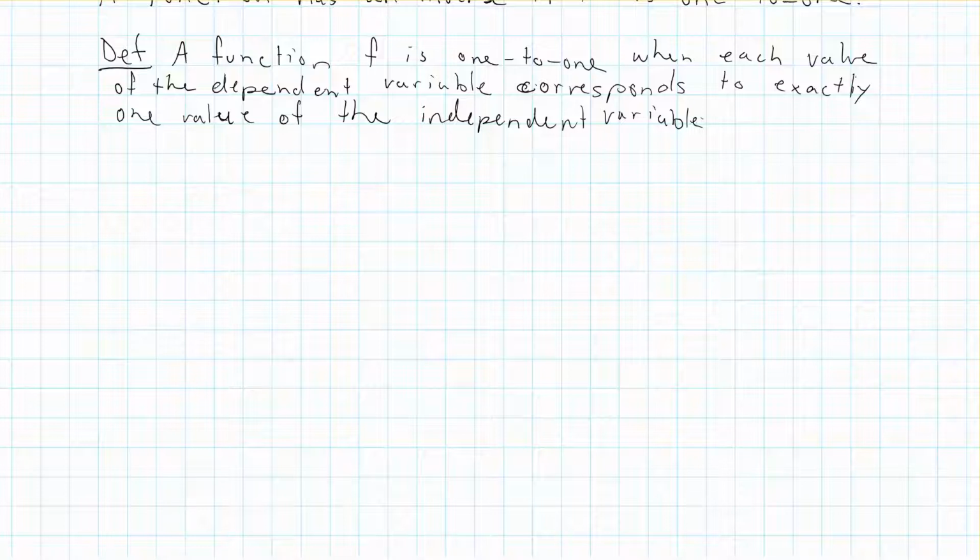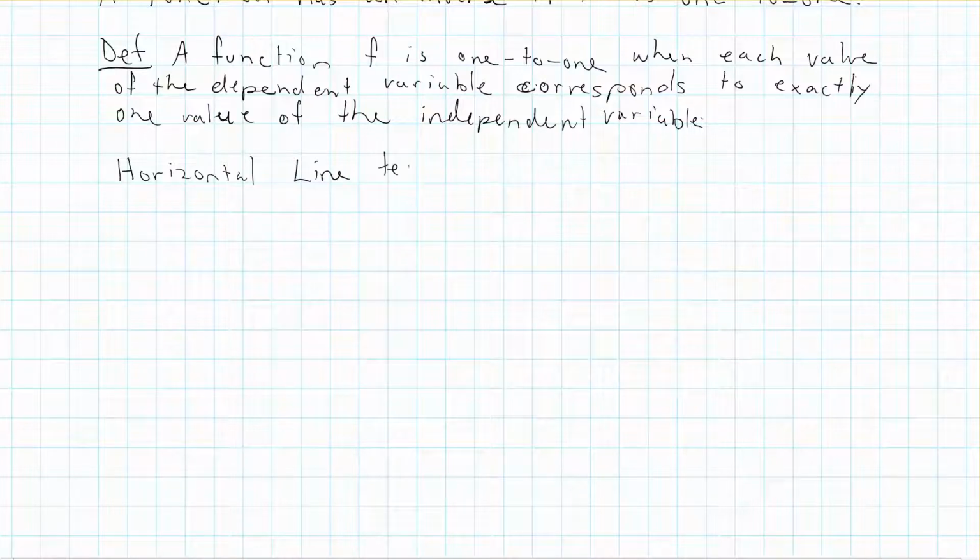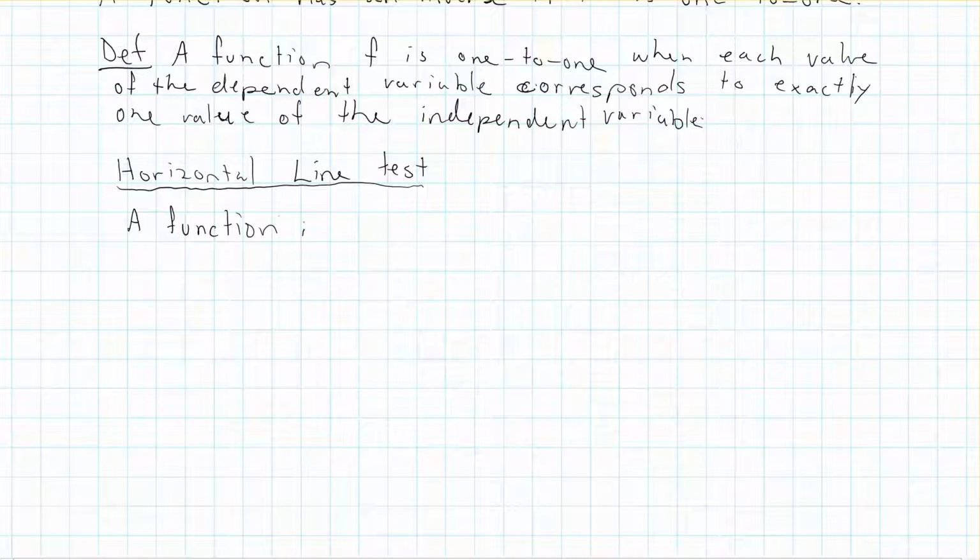Now, a way to check this graphically, and then we'll also do this algebraically, as a way to check this graphically is we have another line test. It's called the horizontal line test. A function is 1 to 1, and what does that mean?